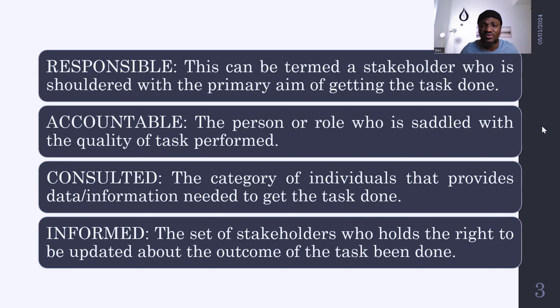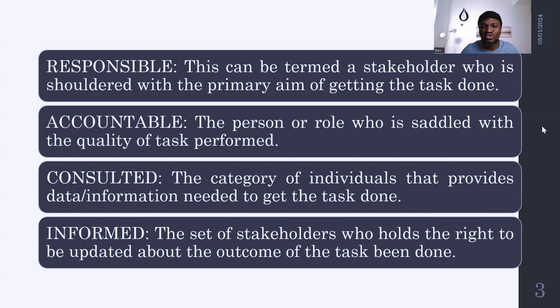Let's take, for example, an agile environment: the Scrum Master is saddled with the responsibility of ensuring that the team performs in respect to all of their tasks. So accountable stands for the role in any given project that is saddled with the responsibility for the quality of the task to be performed.